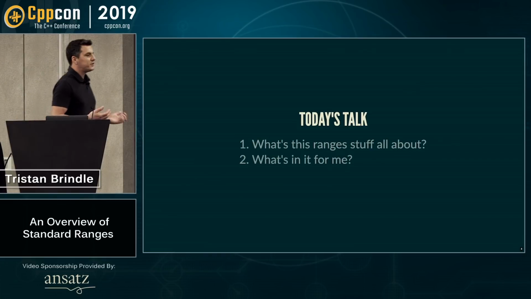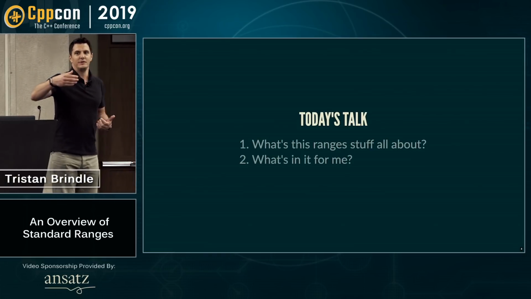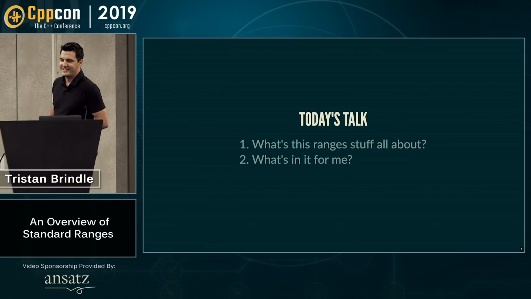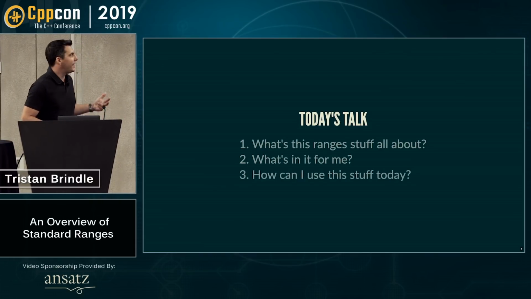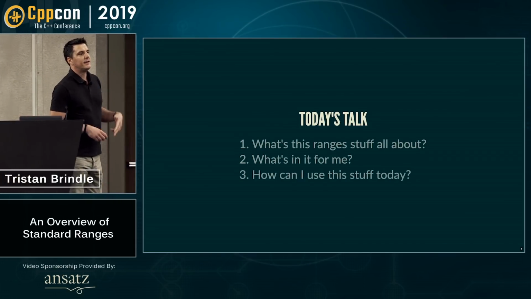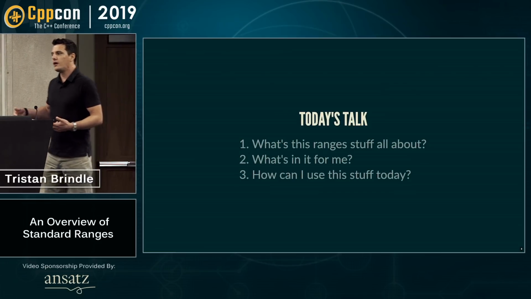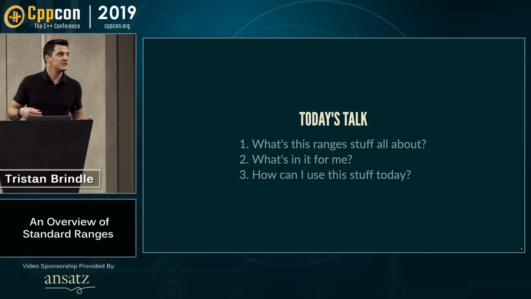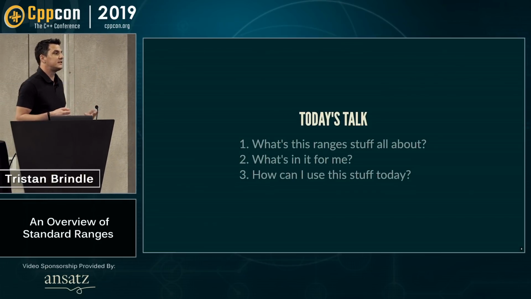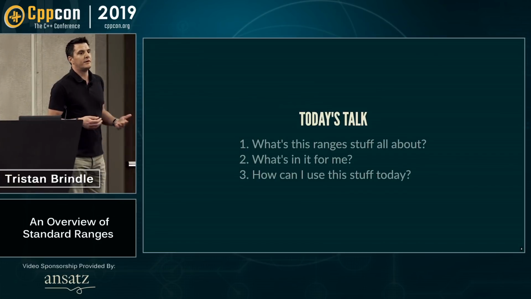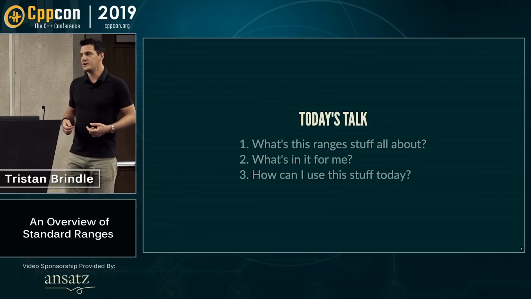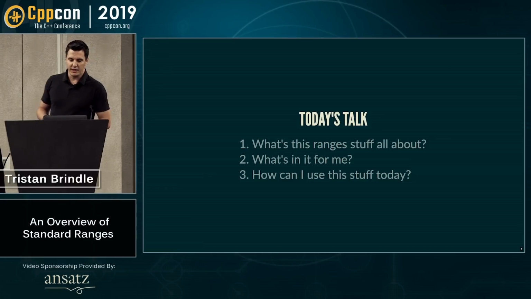And in particular, what's in it for me, by which I mean you. And thirdly, how can I use this stuff today? Yes, it's coming in 20, but there are 3 implementations that I know of that you can use today. So I'm briefly going to go over at the end what those implementations are, how you can get them and how you can use them.